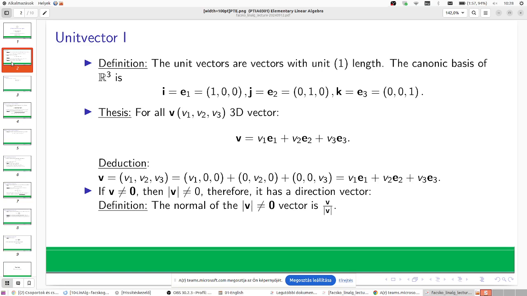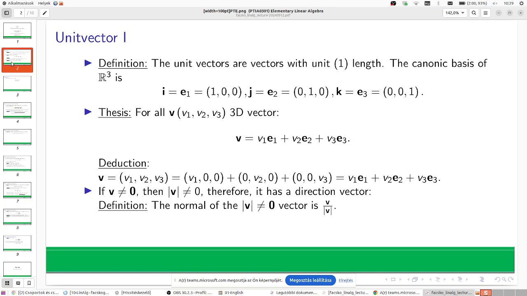Great. We have vectors. Last time I defined what the unit vector is. The unit vector is a vector which could have any direction, doesn't matter, but the length of the vector is 1. We defined the length of the vector: if you have components, you add together the squares of the components and take the square root.